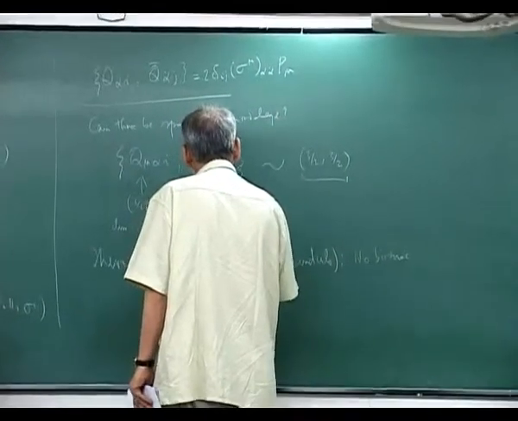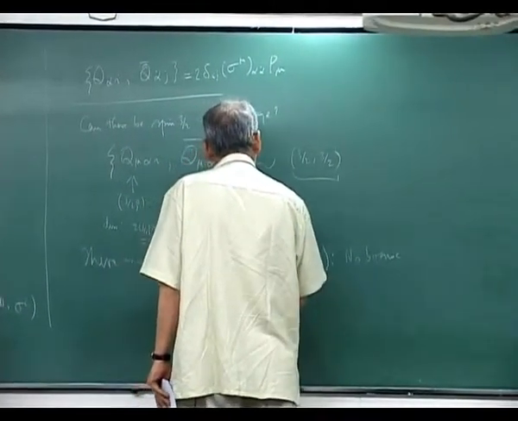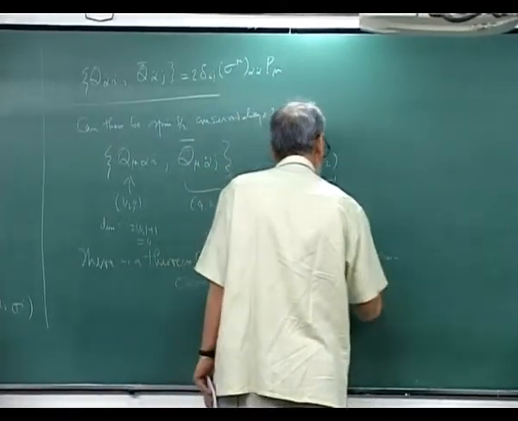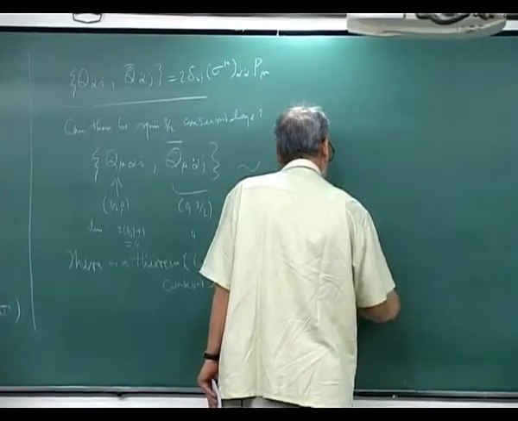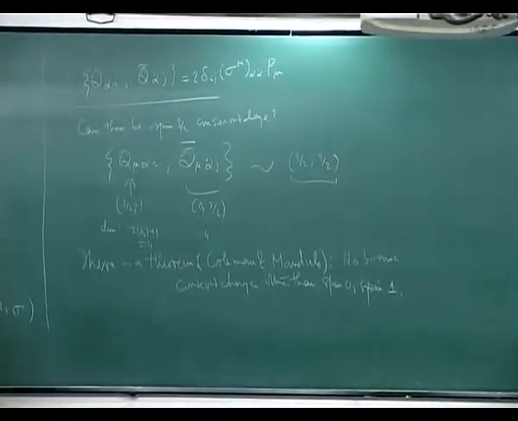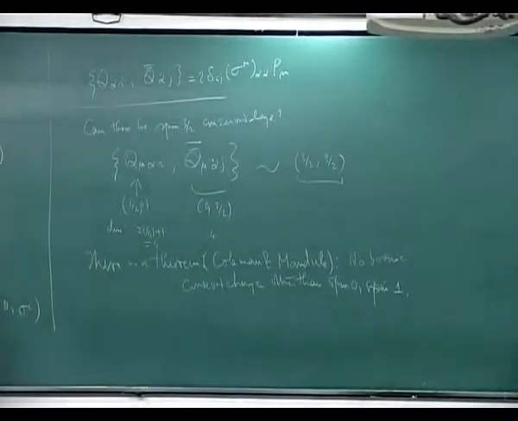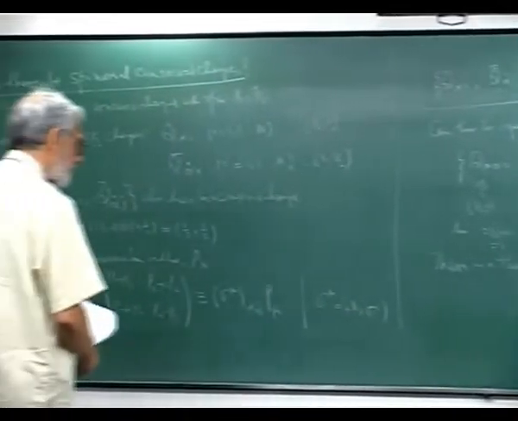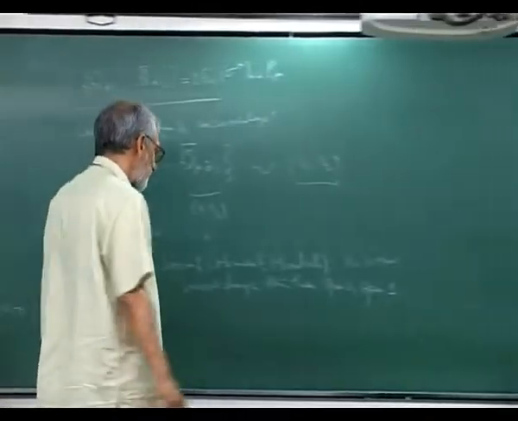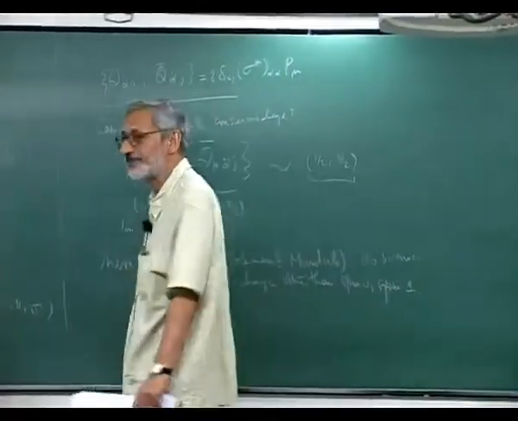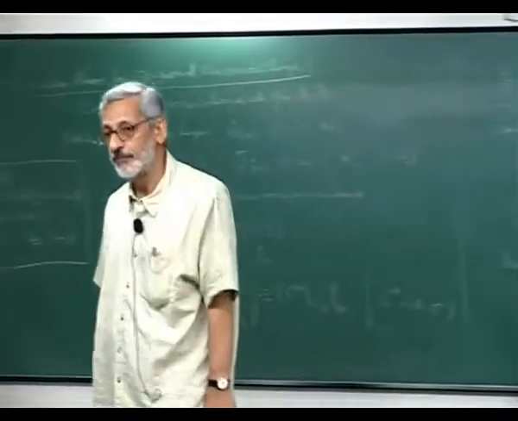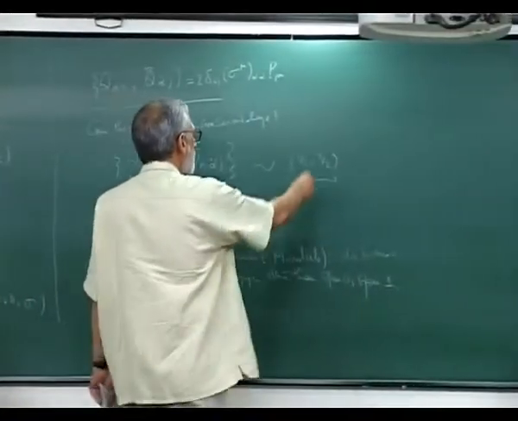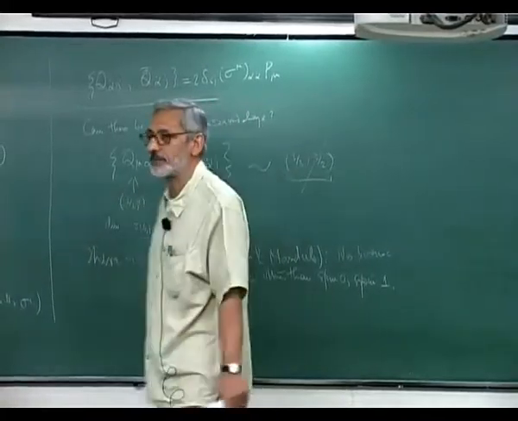other than spin 0 and spin 1, in an interacting theory. So this is not available to us, therefore these cannot be conserved charges.